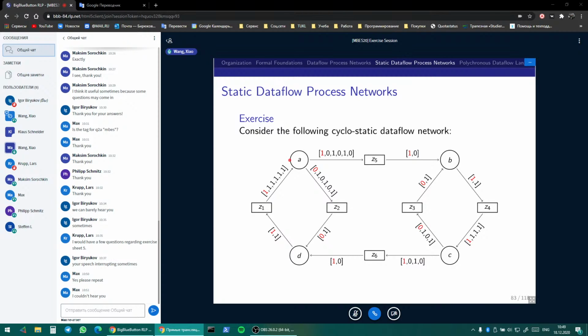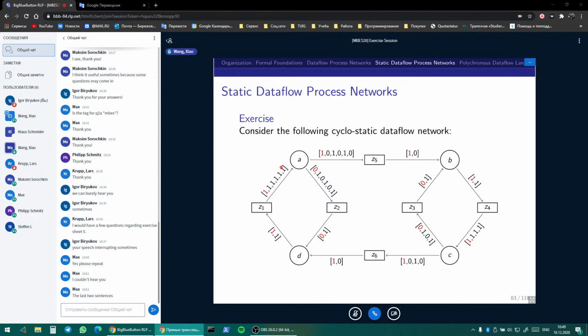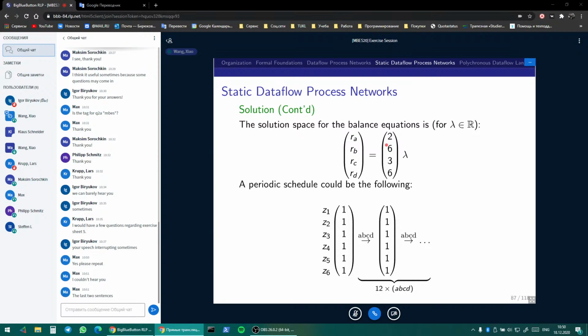The last two sentences. Okay, so here, what this means is that it takes 6 firings to complete a cycle. I shouldn't use period, I should use cycle, because we have period here, and this period is something different. This period means 2 cycles. Here, it says that it will fire 6 times.